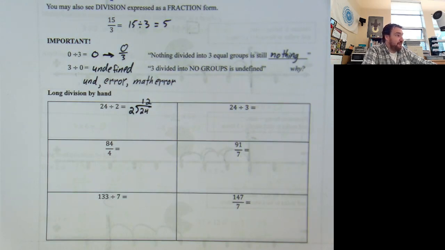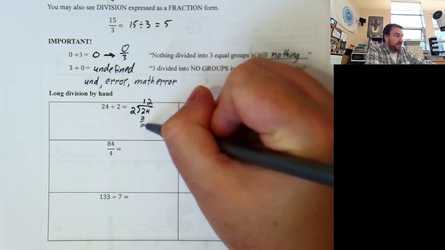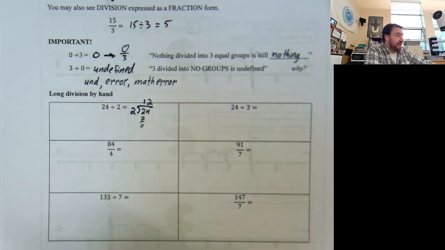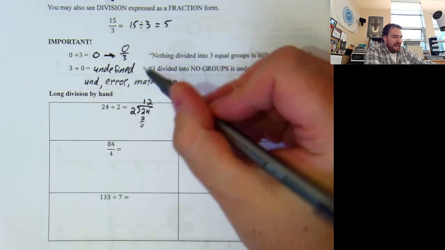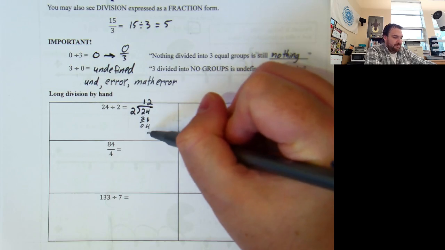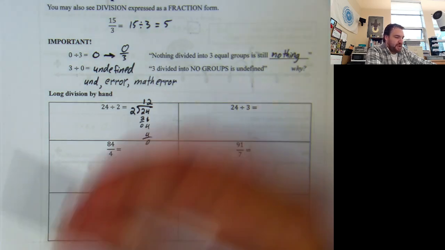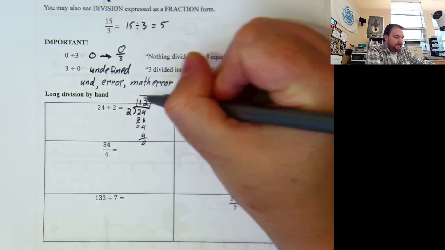And you check that you're done by remultiplying it back out. 2 goes into 2 once, so 1 times 2 is 2, you subtract, you get nothing. Then you bring down the 4. 2 times 2 is 4. There's nothing left. So you've succeeded in dividing 24 up into 2 groups. Those groups are 12 big.